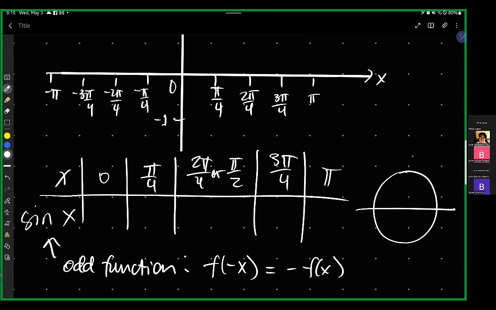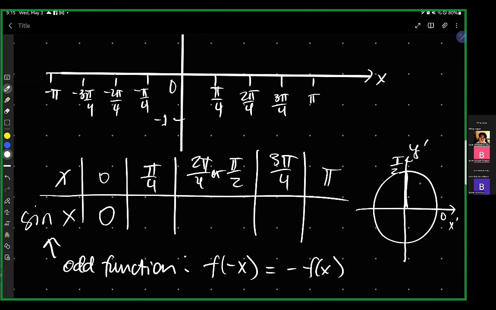So this is 0, and this is pi over 2. For the sine values, you're considering the y. So when the angle is 0, there is no sine value. For x equal to 0, it's just 0.